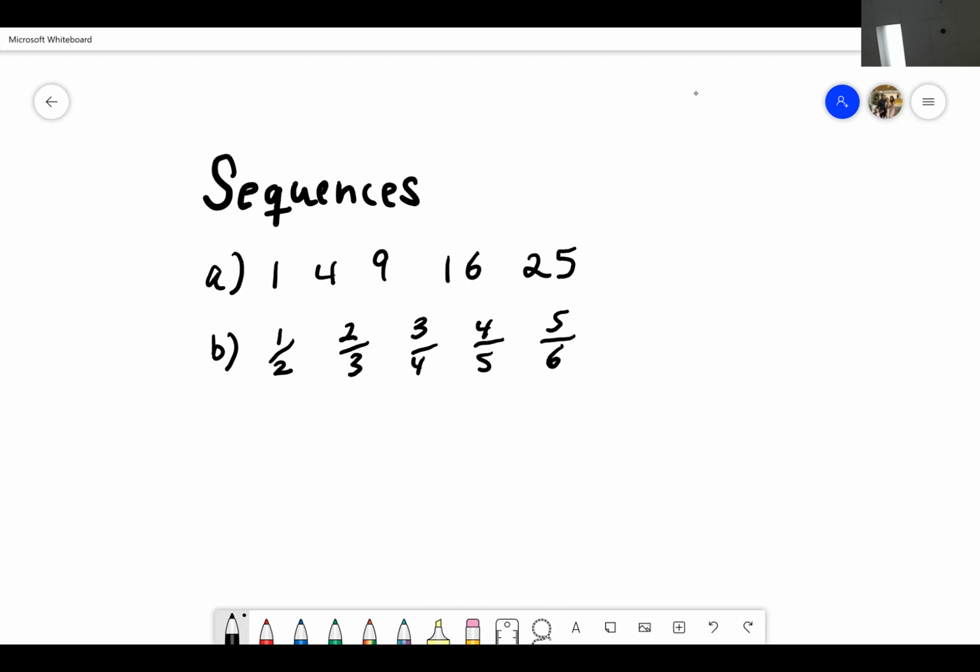Well, we're just increasing the denominator by what? By 1, right? Does that make sense? Depending on which one you're at, you're just increasing the denominator by 1. You're also increasing the numerator by 1, right?